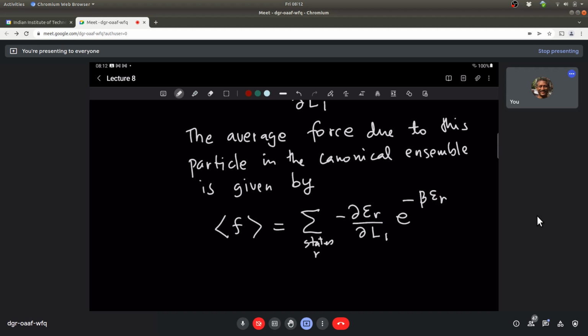Is this fine? This is not correct because I have to divide by the partition function, since 1 by Z e to the power minus beta epsilon_r is the probability of finding the system in state r. Is this formula clear?